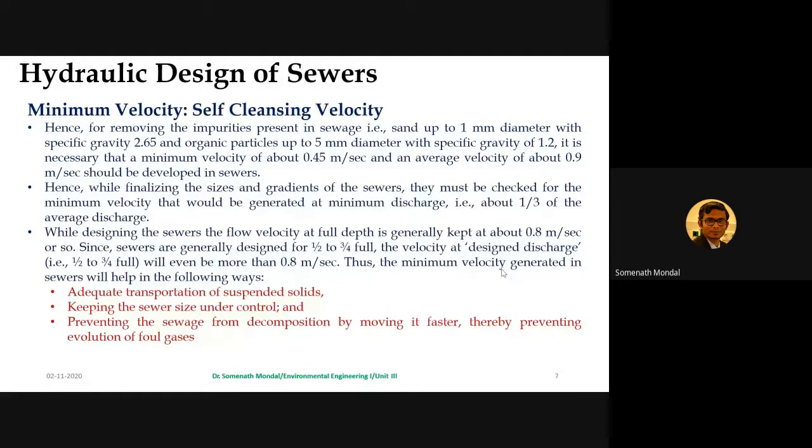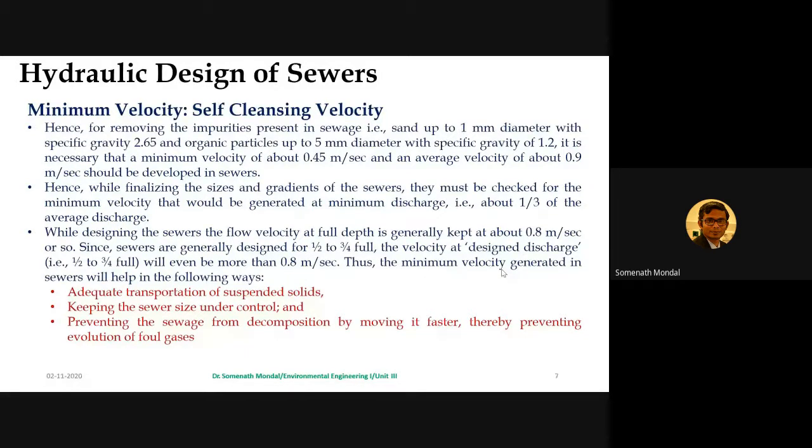So thus the minimum velocity generated in sewers will help in many ways. The first one is adequate transportation of suspended solids. Since we are talking about sewers, they convey liquid carrying a lot of suspended solids, and if you can achieve your self-cleansing velocity, you can ensure adequate transportation of suspended solids through the sewers, keeping the sewer size under control.